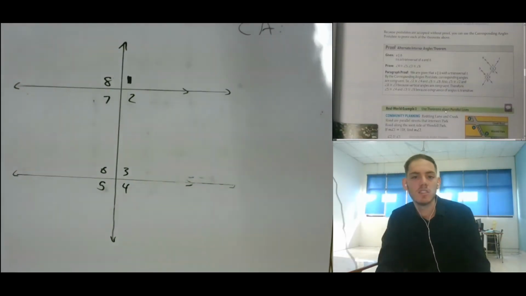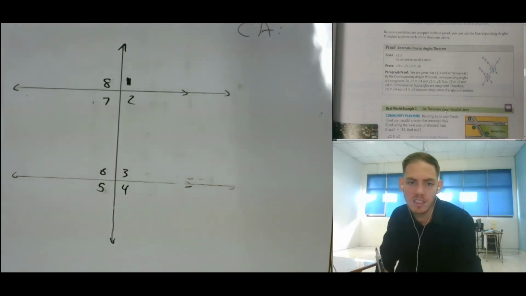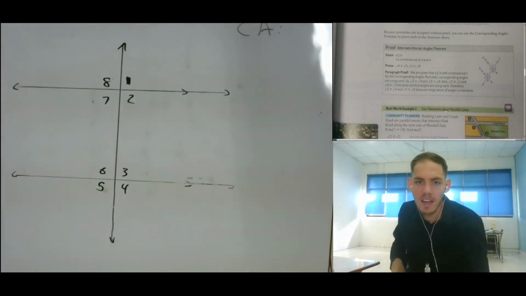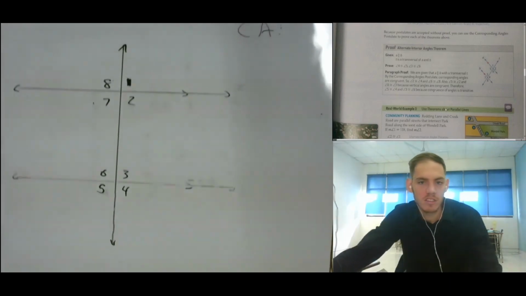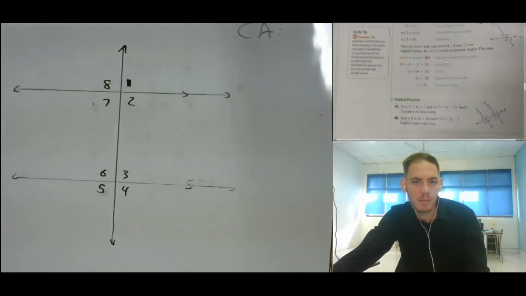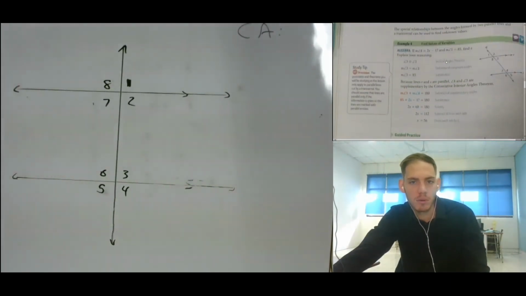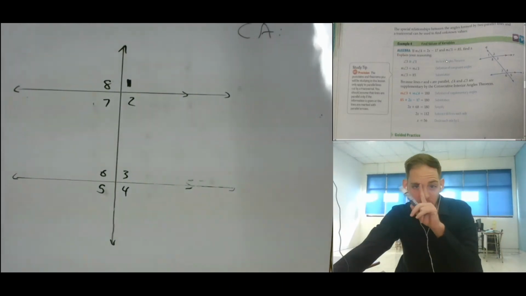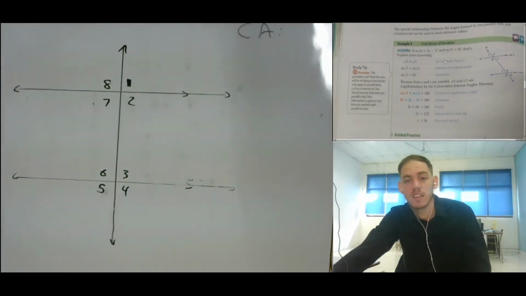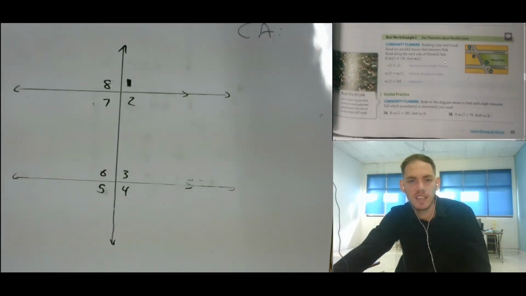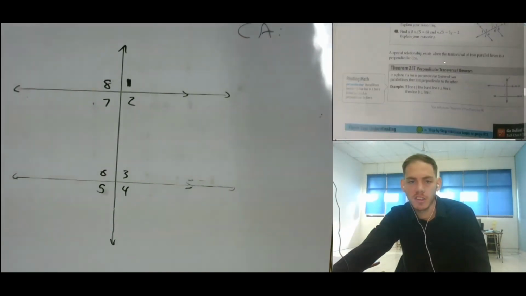You actually are going to use the corresponding angle postulate to really get it, and then vertical angles are congruent. Okay, that's basically going to be the process. Okay, there's more practice with solving for them based on these things. You're going to use this idea to figure out what the measure of certain angles are.